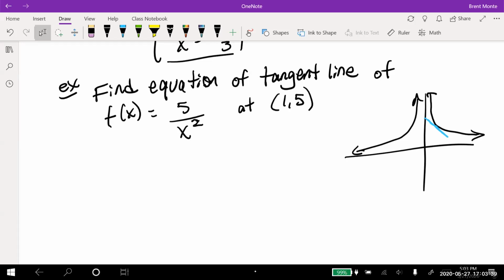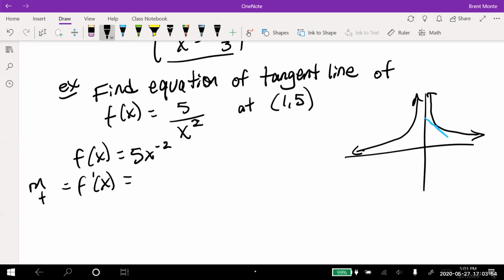So let's see. What do I do? Well, let's change f of x to 5x to the negative 2 so that I can take the derivative. And why am I taking the derivative? Well, because the derivative is the slope of the tangent line.